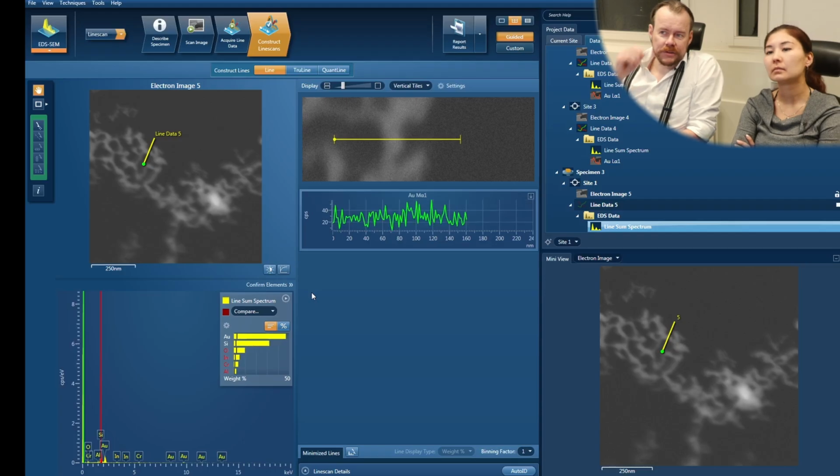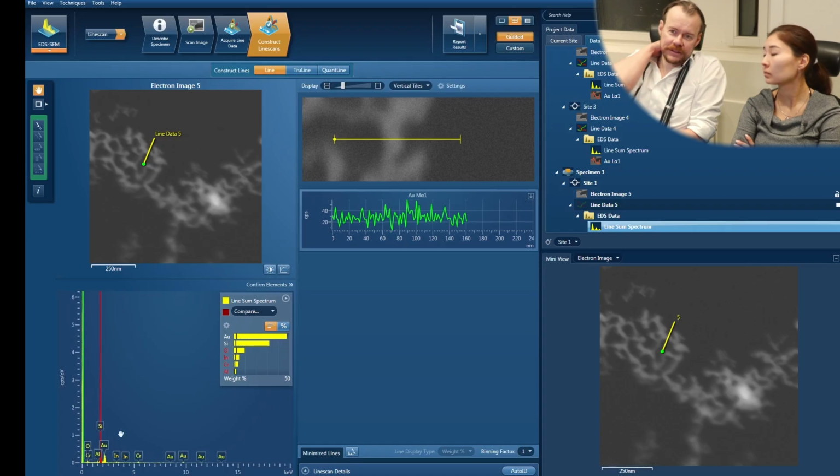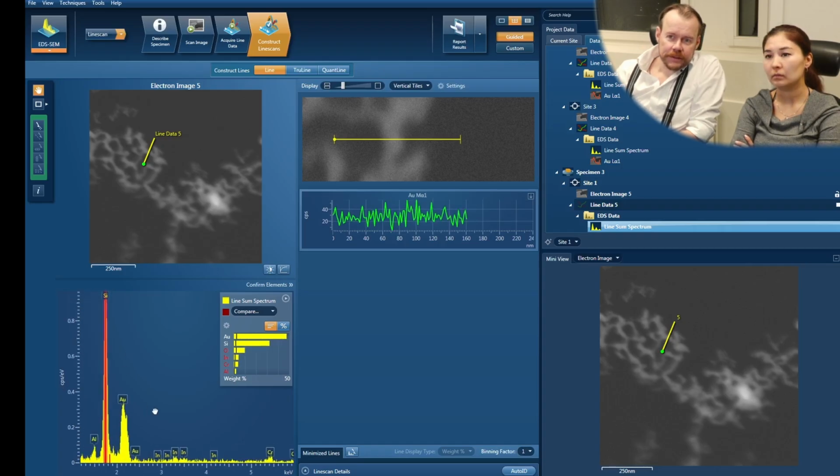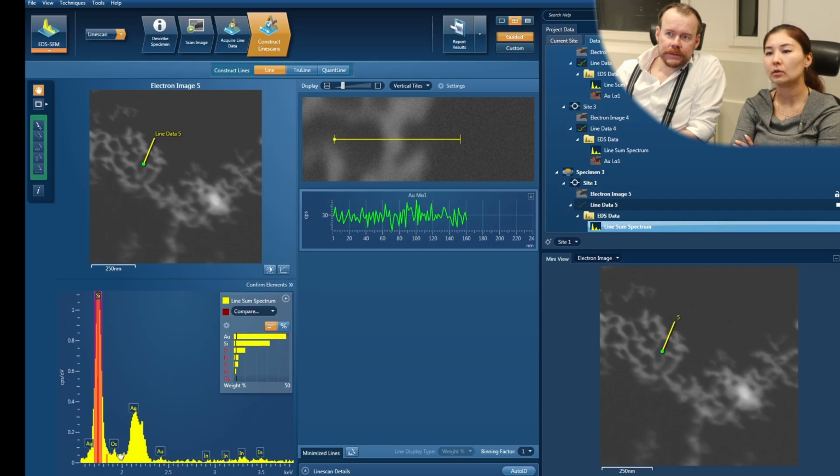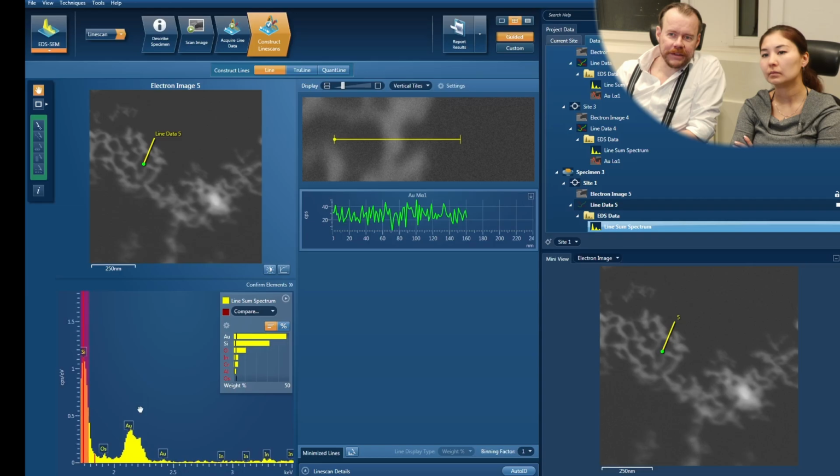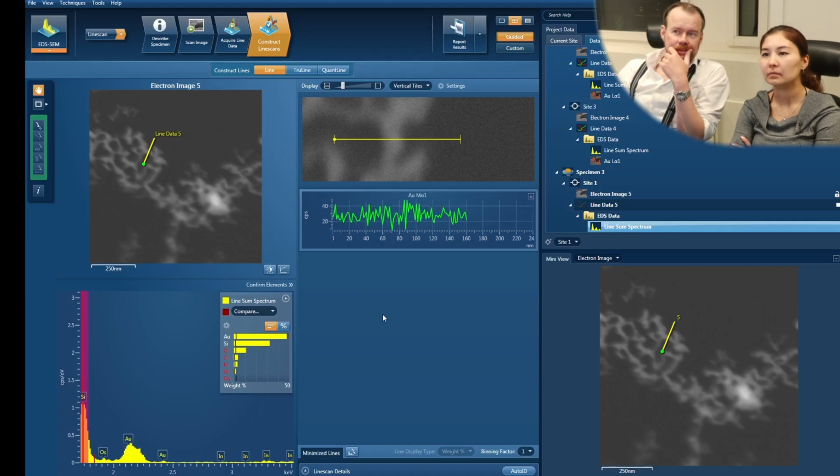Looks like it's so small we don't even pick up a signal on it. It's too much background with silicon and things around. There's chrome. We see gold here in the spectra. Osmium. But we cannot resolve it. We measure gold, but we cannot resolve it. So this is a nice demonstration of how to improve lateral resolution by using the STEM.